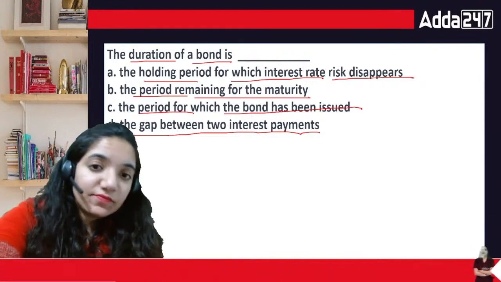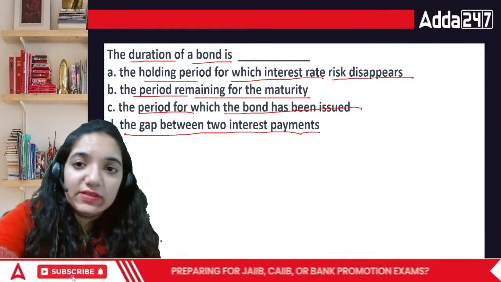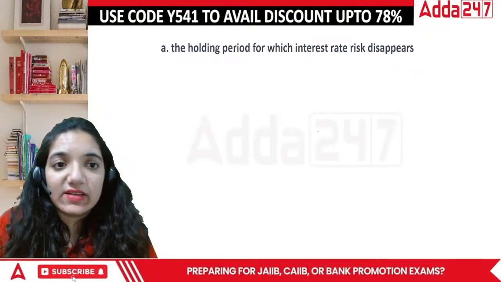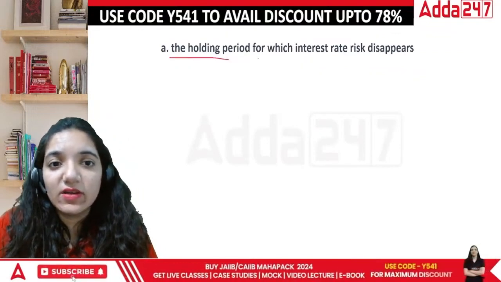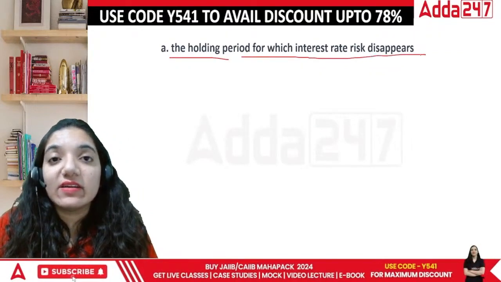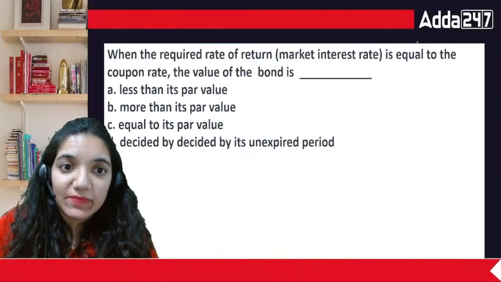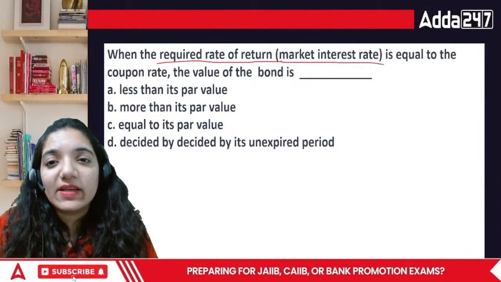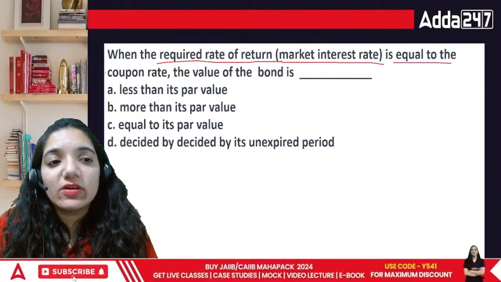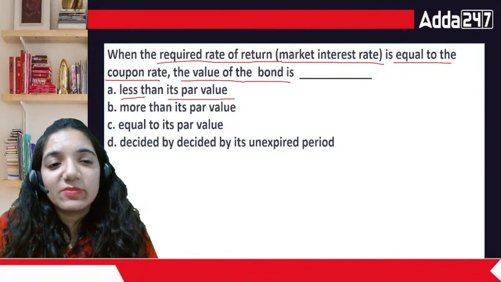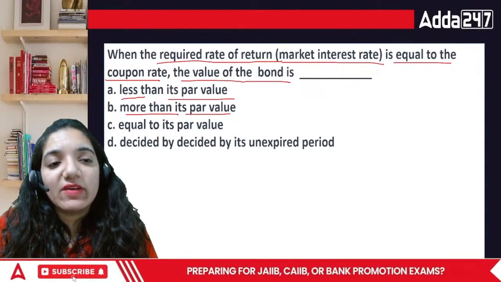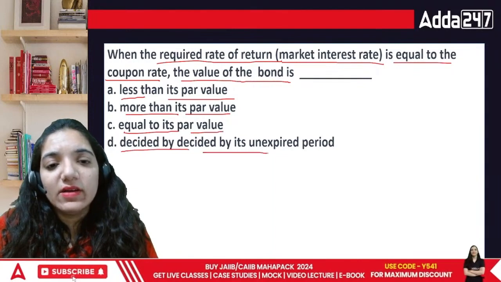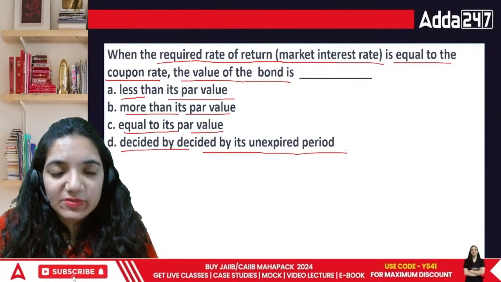Okay, now comes the next point. In this case, the answer is the holding period for which the interest rate risk disappears completely. Then, when the required rate of return, the market interest rate, is equal to the coupon rate, the value of the bond is: less than its par value, more than its par value, equal to its par value, or decided by its unexpired period.